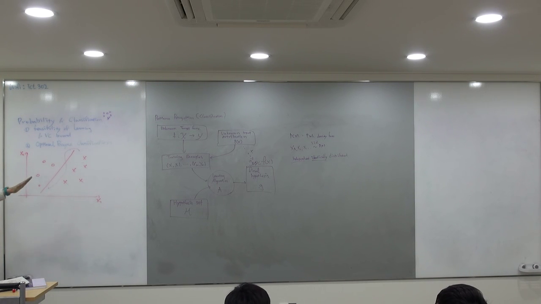But you have to choose between a much simpler set or a much more complicated set. If you choose a simple hypothesis set, you may not achieve 100% classification for this kind of example, because there's no line that can perfectly separate this training data set.